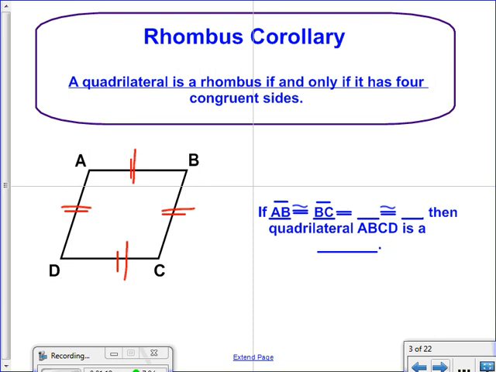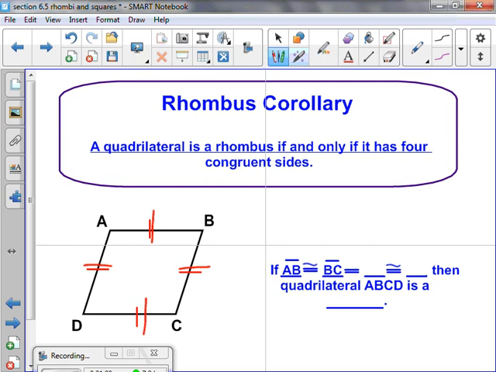So if AB is congruent to BC, is congruent to CD, is congruent to AD, then we know that we must have a rhombus.